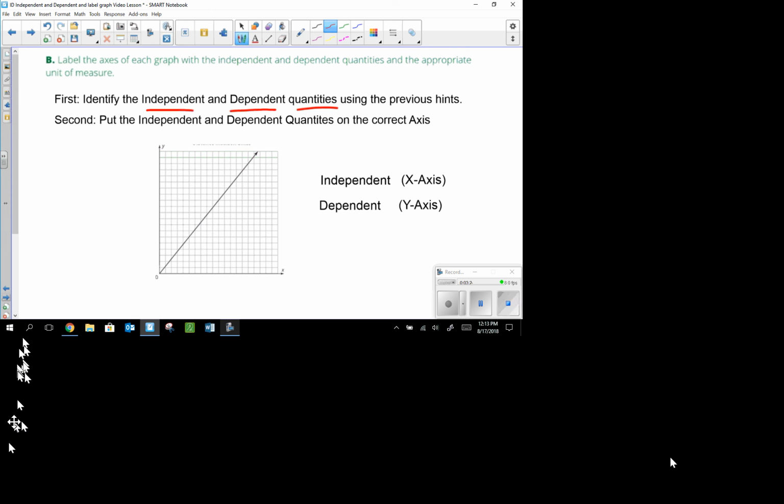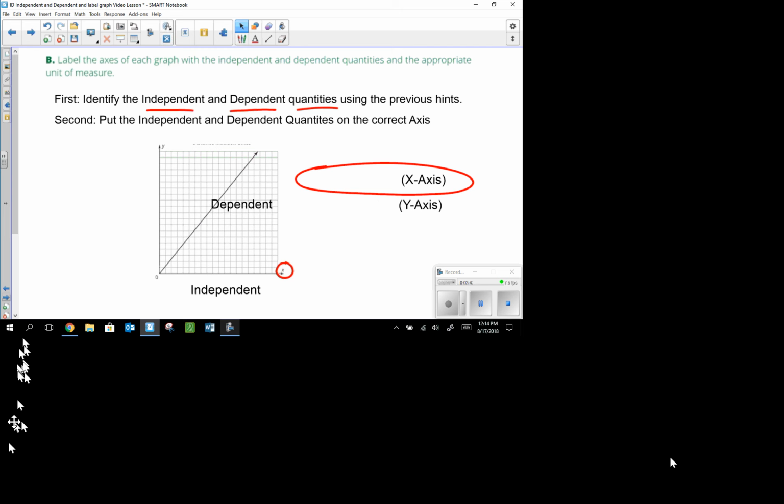The independent quantity will always go on the x-axis. So here we have the x-axis. So the independent, whatever that is, time in minutes, time in seconds, whatever you identify it as, will always go on the x-axis. Whatever you identify the dependent quantity as will always go on the y-axis. So I'm just going to turn this sideways because usually we're going to write it like that.